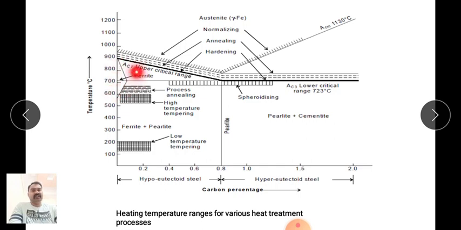On the x-axis there is the percentage of carbon, on the y-axis the temperature. The scale runs up to 2% carbon, and here is the heat treatment for alloy steel. From 0 to 0.8 this is hypoeutectoid steel, and from 0.8 to 2% carbon we can observe the hypereutectoid steel.